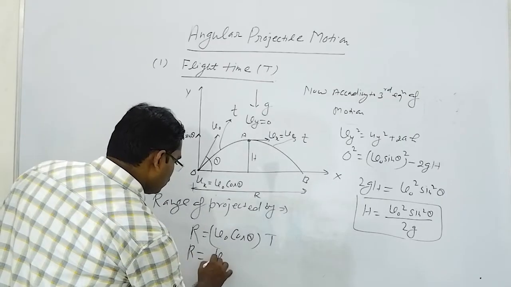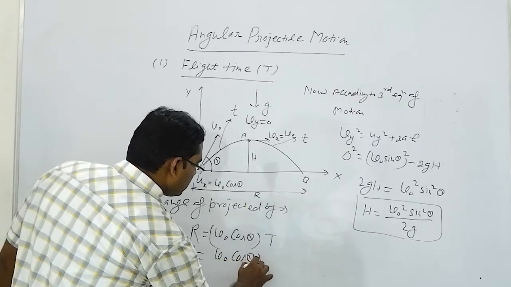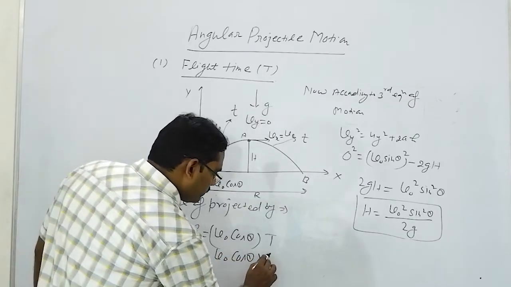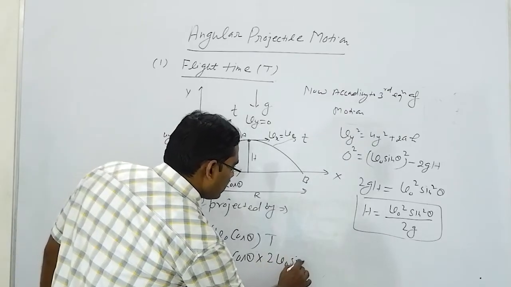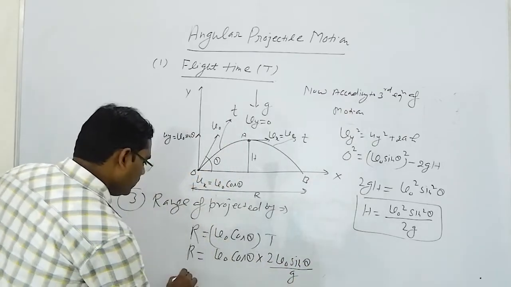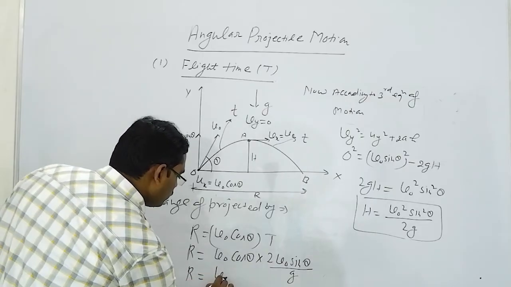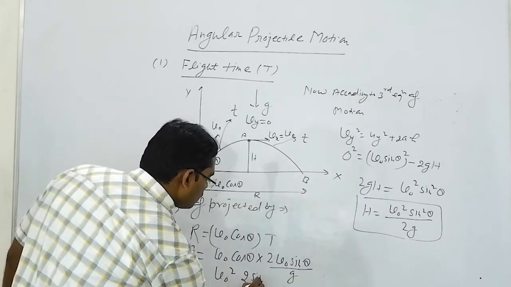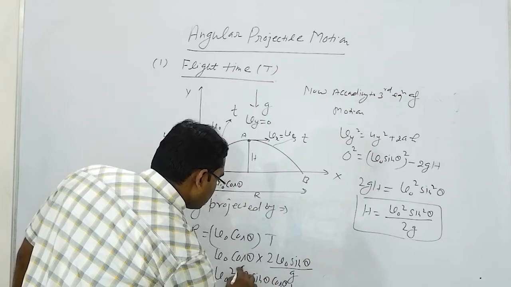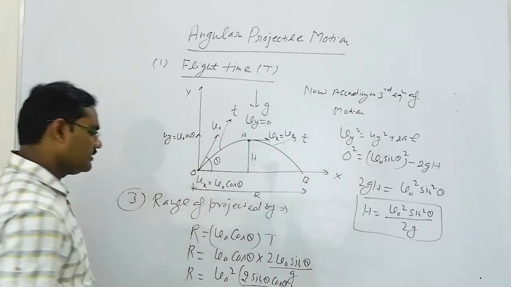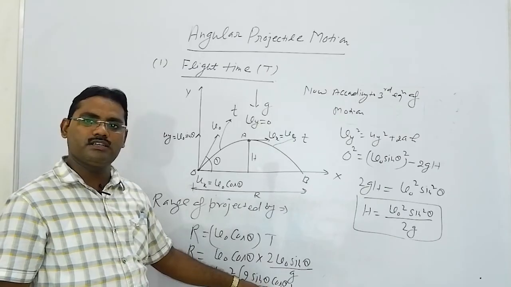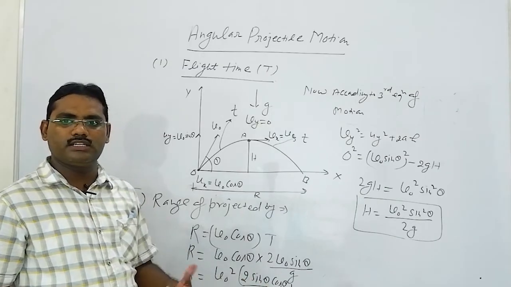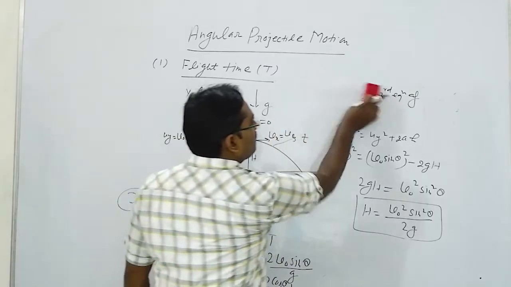So now here R is equal to v naught cos theta, and here we put the value of flight time, that means 2 v naught sin theta divided by g. Here R is equal to v naught square 2 sin theta cos theta divided by g. Here 2 sin theta cos theta gives sin 2 theta.